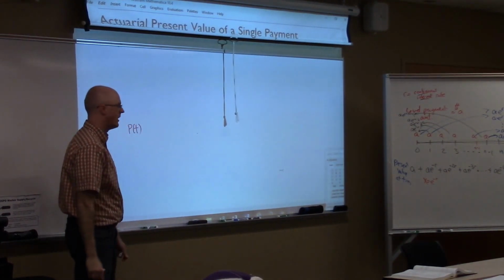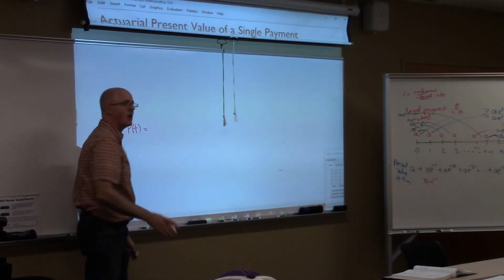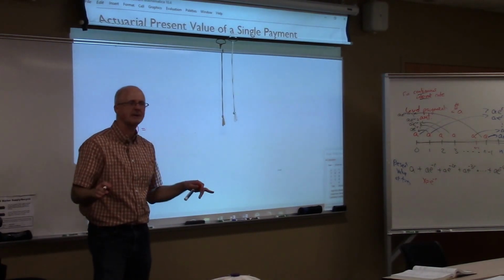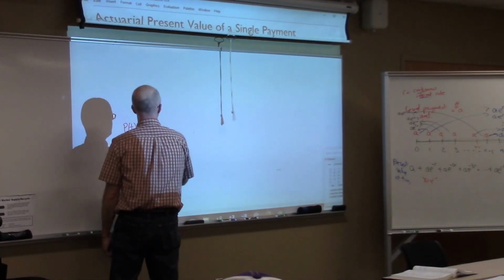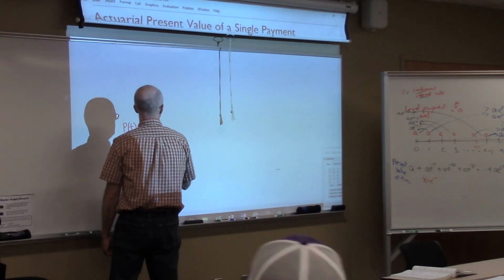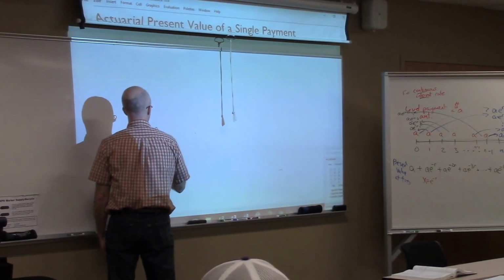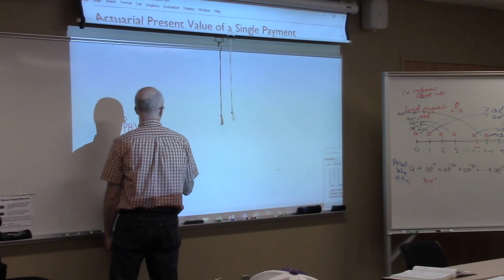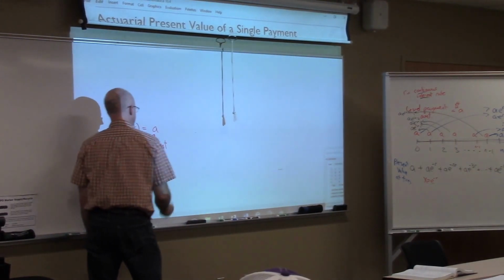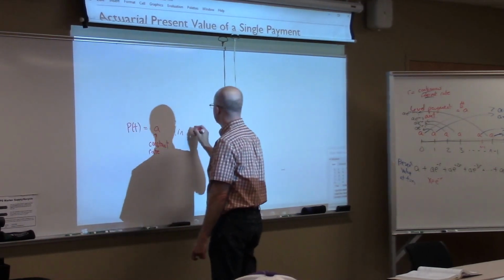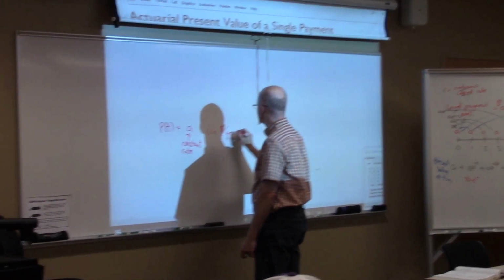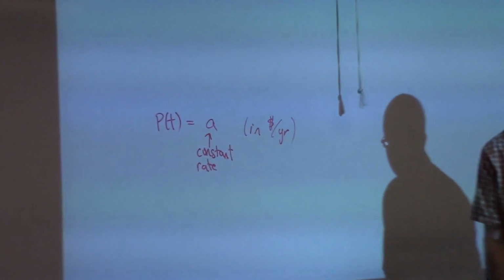It's the cash flow. Let's go ahead and assume it's constant, but let's not pick a particular number here. Let's go ahead and use the letter A, the constant rate of $A per year. In dollars per year, say, just to be specific.